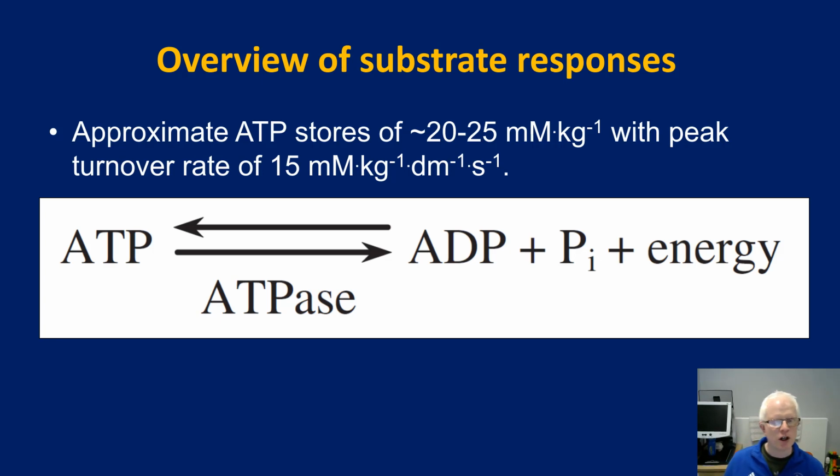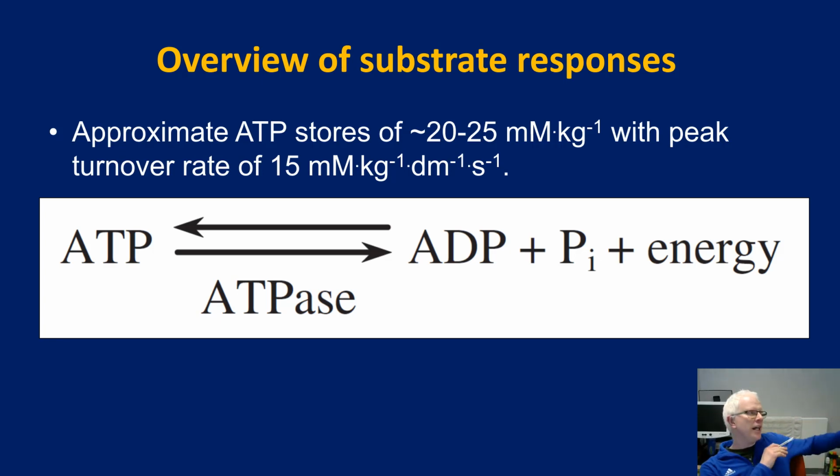What that equates to in terms of the stores, 20 to 25 millimoles per kilogram, is we've got enough ATP for probably a single maximal muscular contraction. We've got about 80 grams of stored ATP in your bodies.